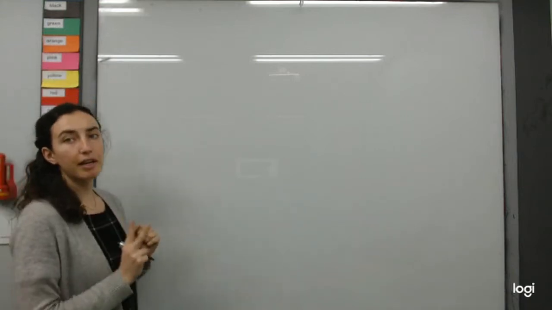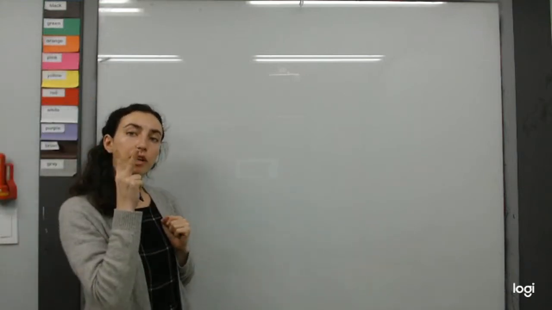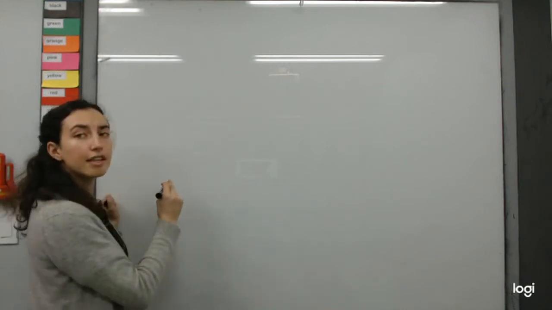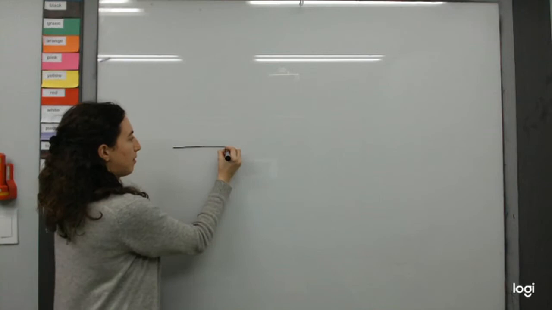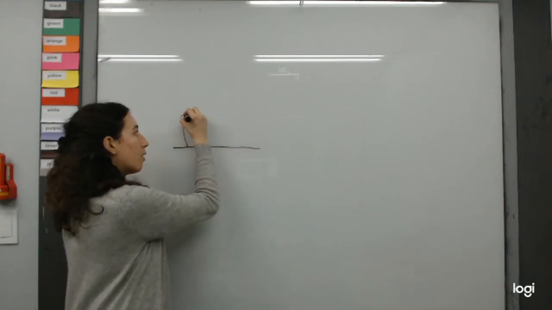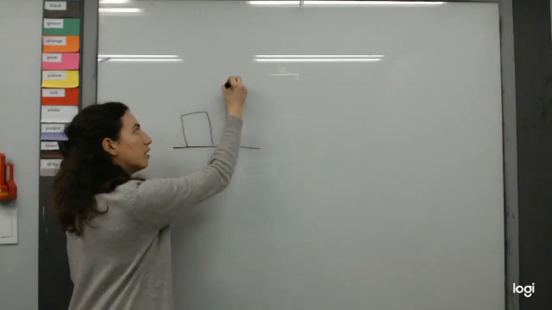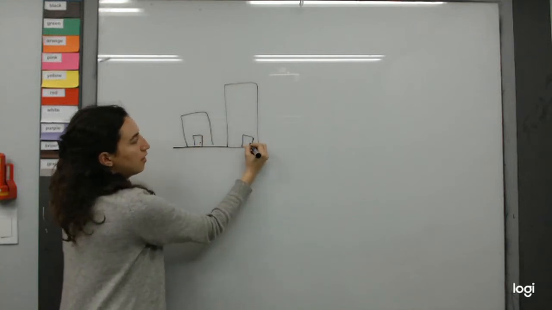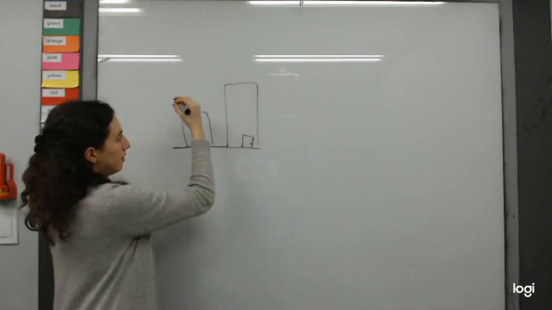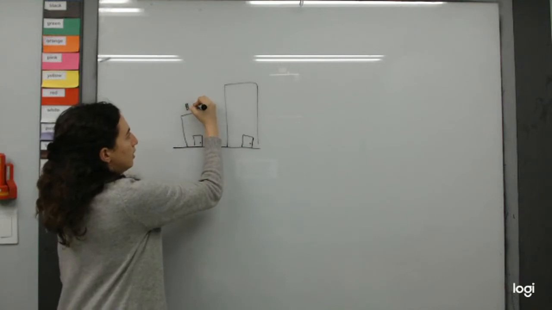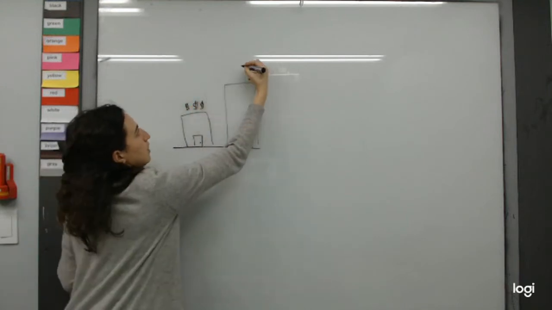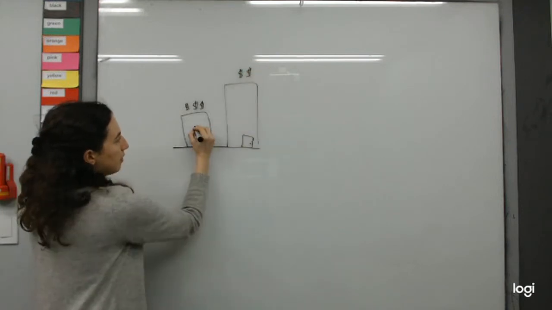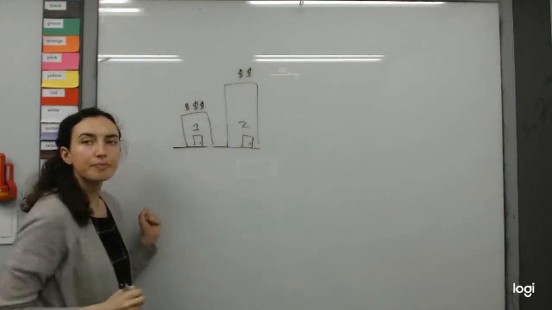Remember, a comparative is when you are talking about two things, specifically two things, and what is the same and different about them, or how they are different. So, for example, here I have two buildings, building 1 and building 2.